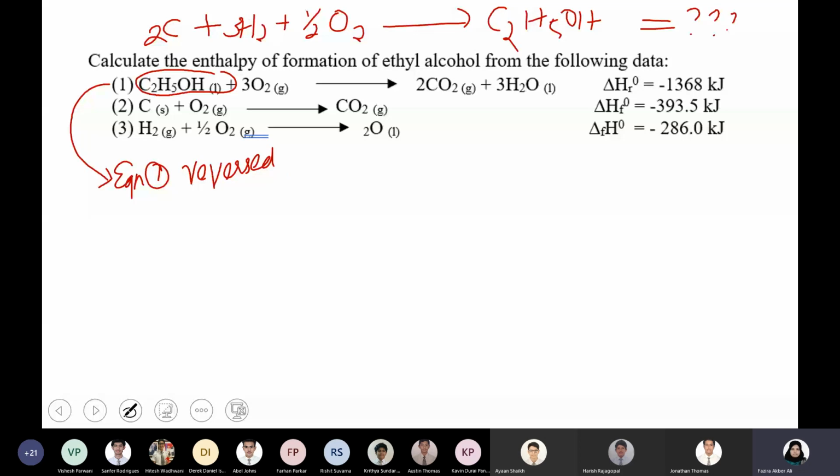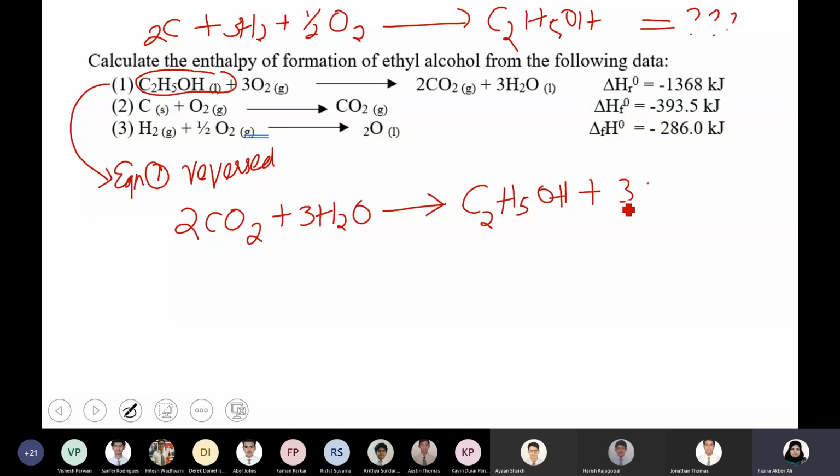So it will become 2CO2 plus 3H2O becoming C2H5OH plus 3O2, and delta H of that reaction is positive 1368 kilojoule.